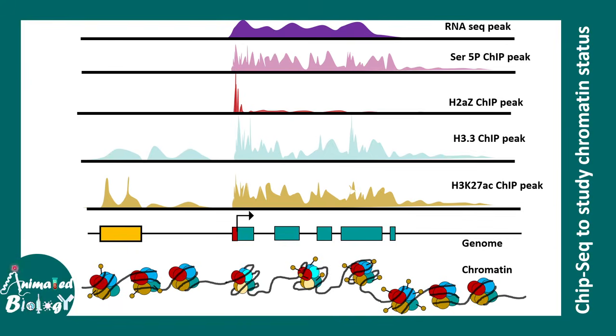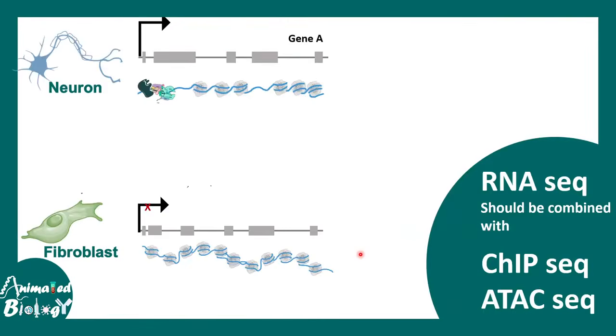That means the chromatin corresponding to this particular gene is very accessible. Also, the H3.3 peak tells us the same story. H3.3 is found in actively transcribed genes. H2AZ combined with serine 5 phosphate ChIP-seq and the RNA peak tells us that this particular gene is actively transcribed at this given time point. So ChIP-seq is a good way of understanding various aspects of transcription.